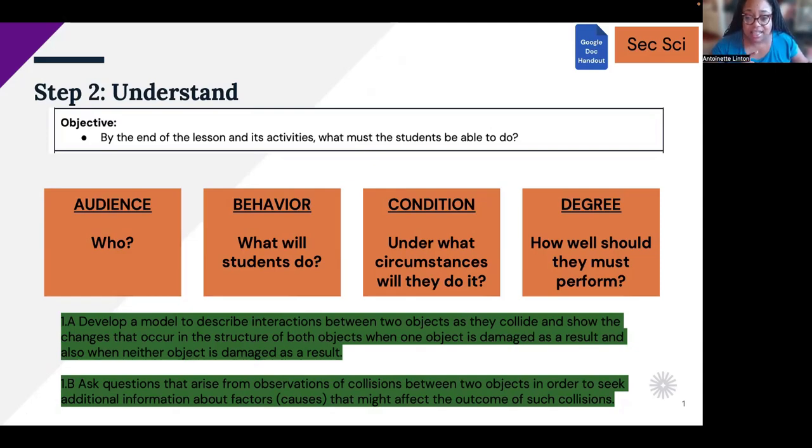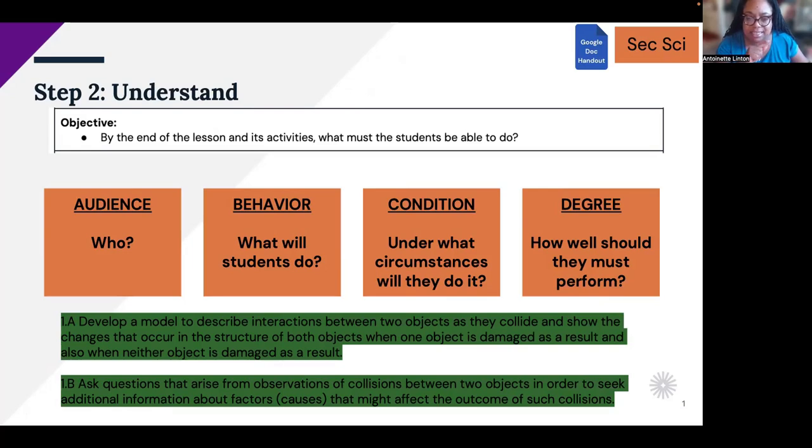Condition tells us the circumstances under which students perform the learning. This includes tools, supports, materials, scaffolds, collaboration structures, or constraints. And instructionally, this matters because access matters, right? Especially for multilingual learners and students with exceptionalities.